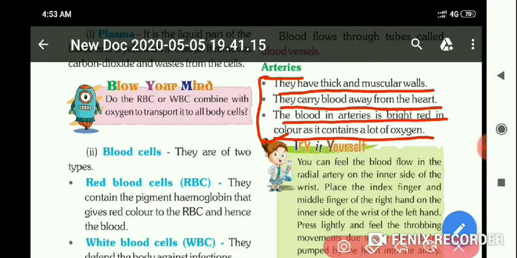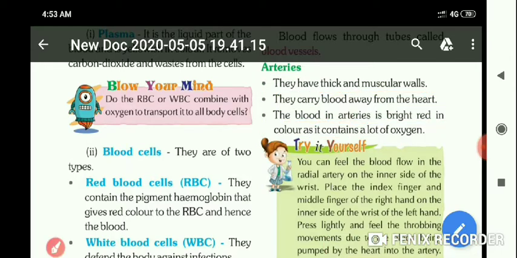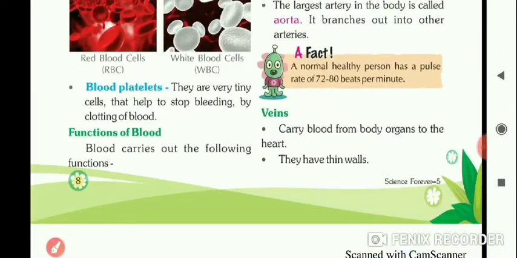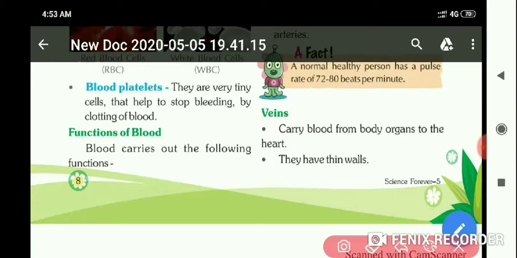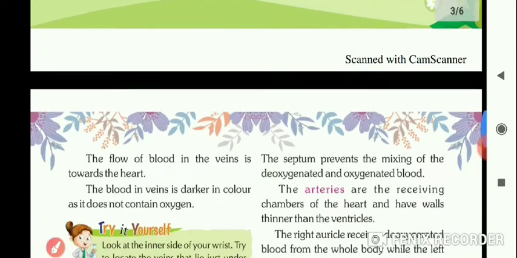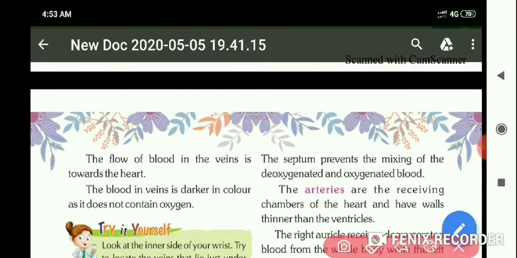And the 3 points in veins are, move here. So, which 3 points you have to write down in veins? See, veins is written there. They have thin walls. The flow of blood in the veins is towards the heart.